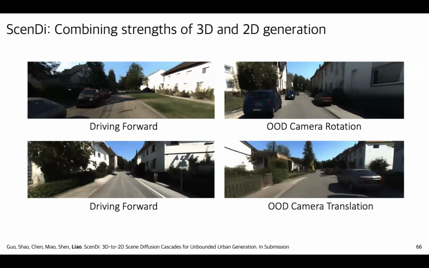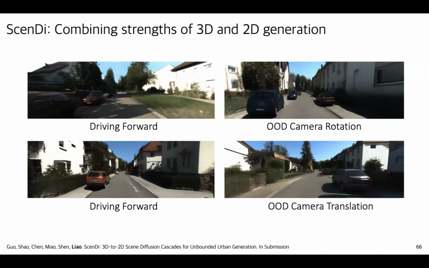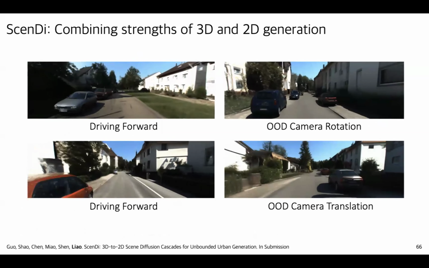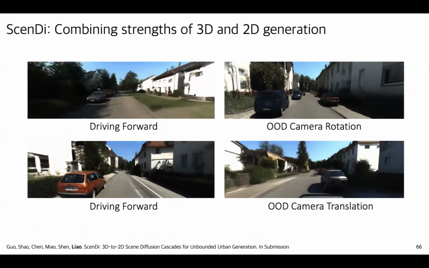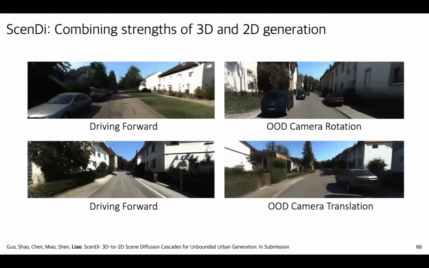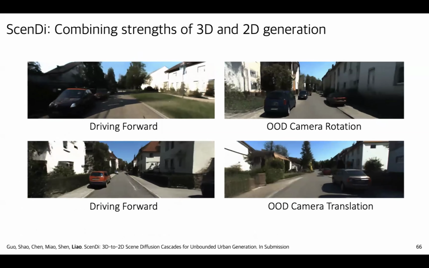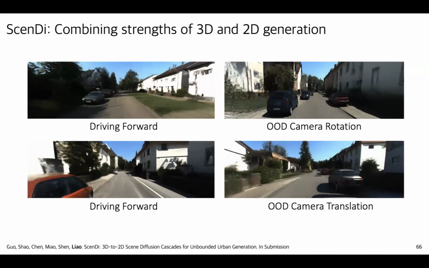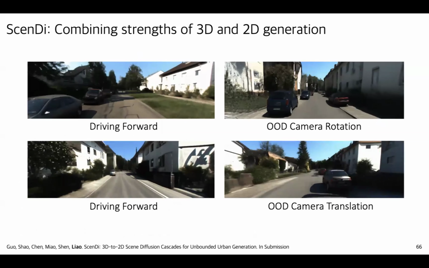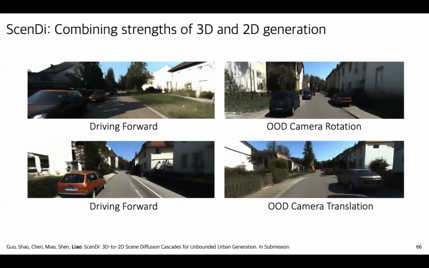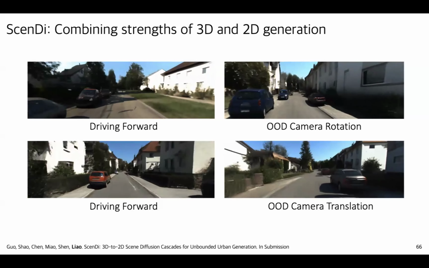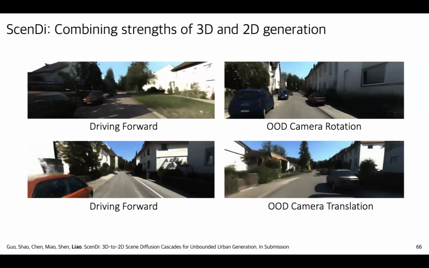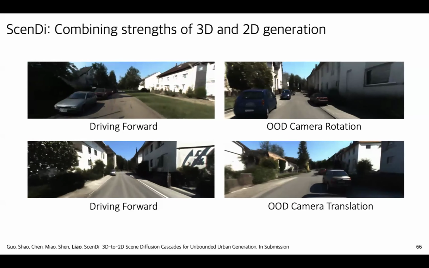So here what we want to do is that we generate everything in 3D, but because of the lack of 2D prior, it does not have very good quality, and then we further leverage the 2D models to refine the generated 3D results such that it provides us high quality and also being able to achieve such out of distribution camera control because we have the explicit modeling of the 3D.